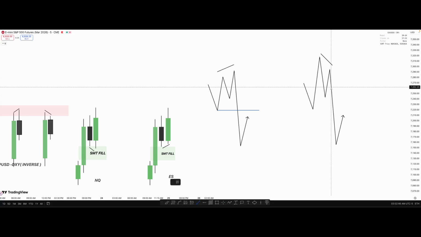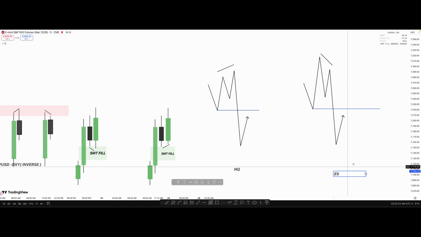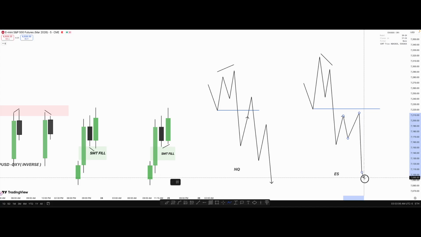In the same way, when there is a change in state delivery here too, what the price will do is, suppose this is NQ and suppose this is ES, right? The price in NQ will tap this CISD and then move down lower, right? But in ES, the price will fail to do so.